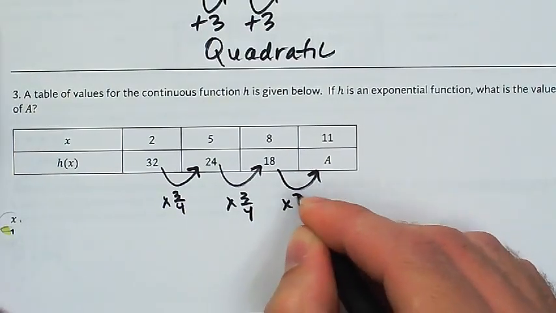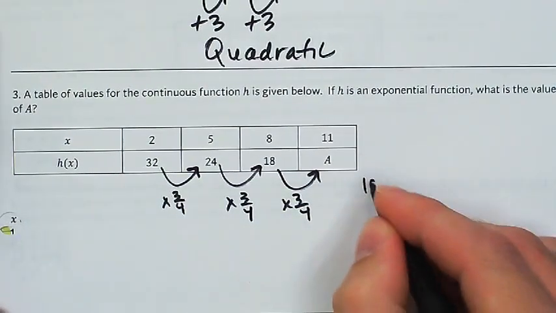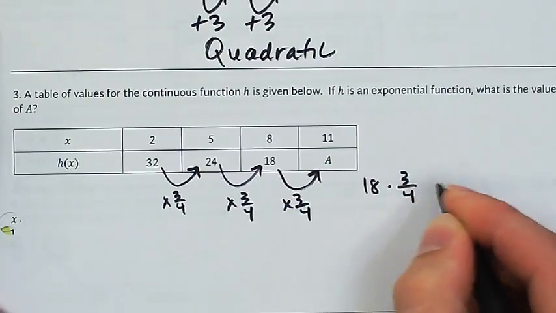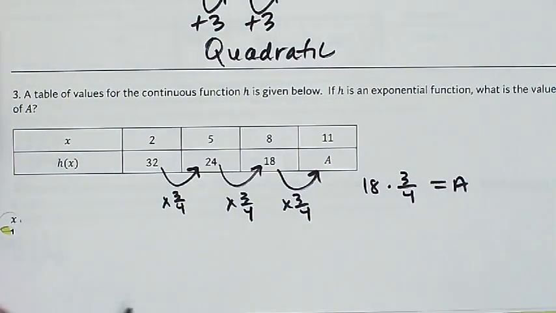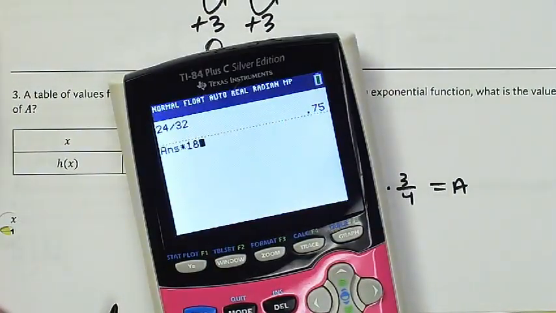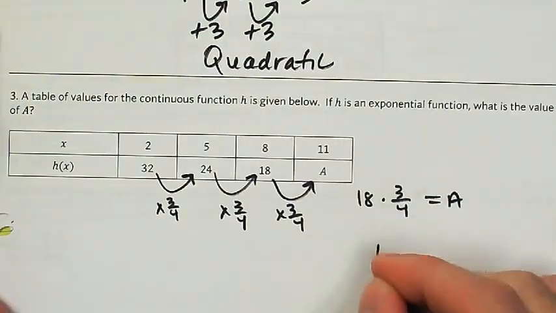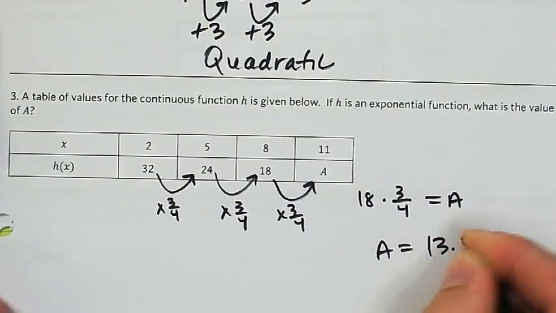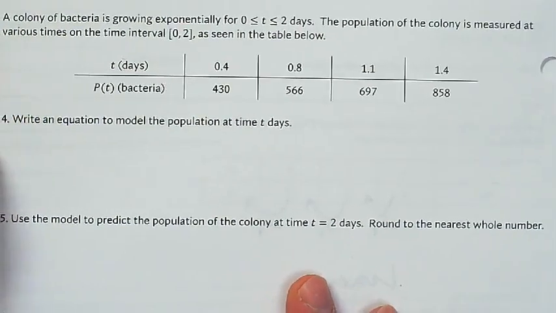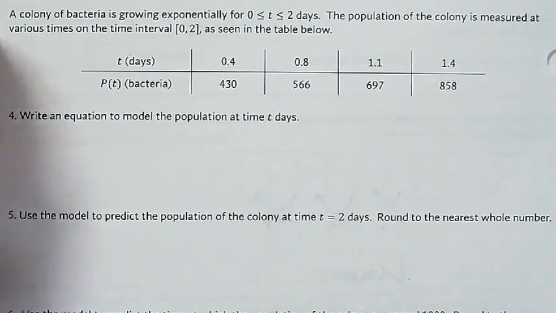And so I'm going to multiply by 3/4 again. So 18 times 3/4 is going to equal a. So I'll just multiply that by 18 and get 13.5. So a equals 13.5.